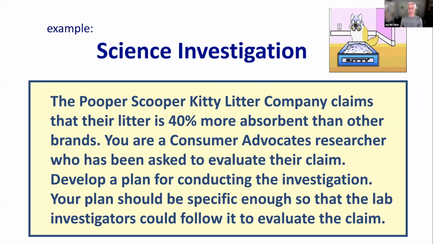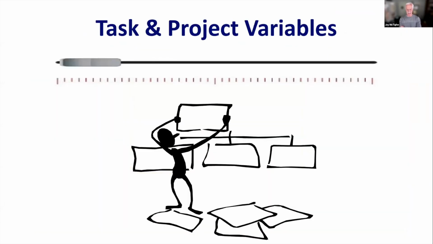Well, you may recognize where this is going. John Larmer and I and others contend that it's not always so cut and dry, so black and white. Oh, that's a performance task, whereas that's a project.